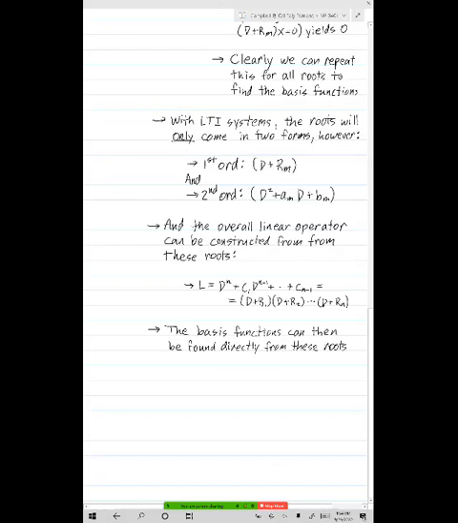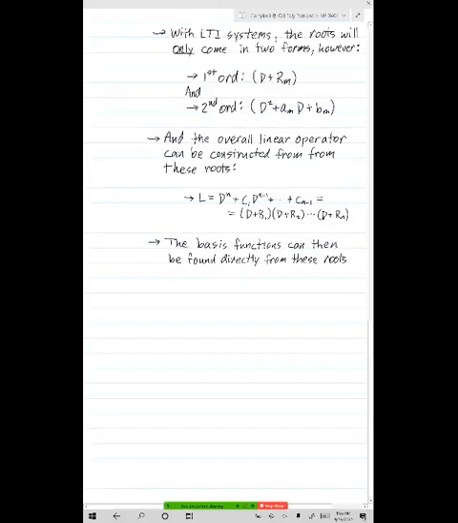Whether we go through solving the homogeneous differential equation associated with each of the roots individually to figure out the solution, or whether we just recognize that we've done that enough times that we can then just map the constants associated with that particular root to the specific constants associated with the form of the basis function associated with that root.